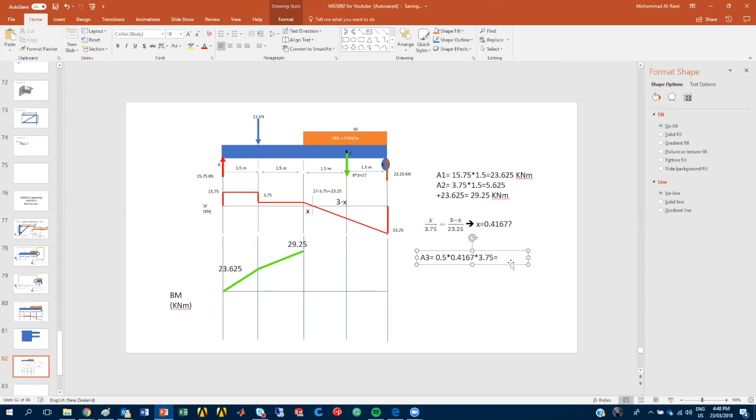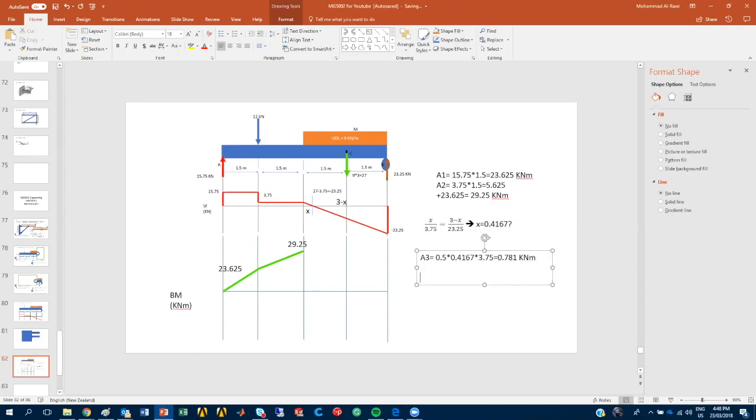The base, which we found, is the value of x. Good. So it's 0.781 kilonewton meters. Now, is this area negative or positive?